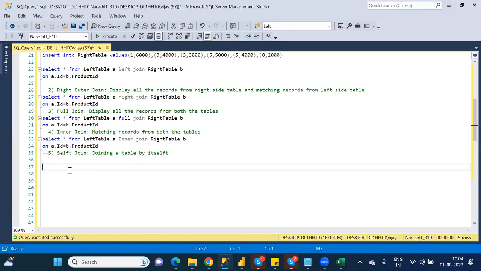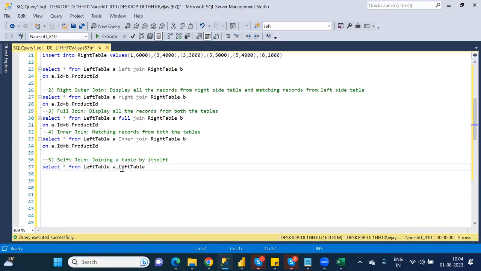Suppose, for example, okay, you need to put a comma here. Understand or not? And self join means joining a table. The same table I need to use as the second table. Understand or not?